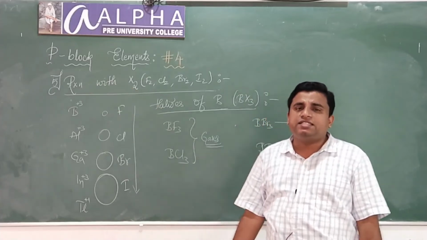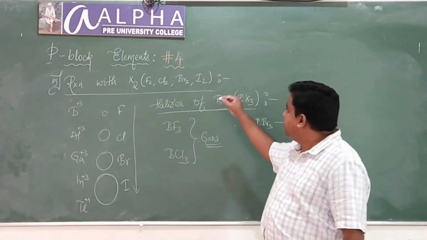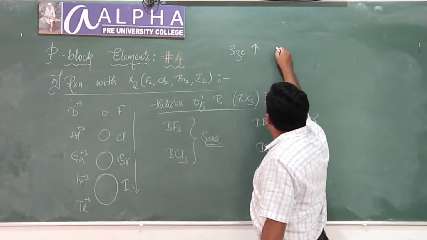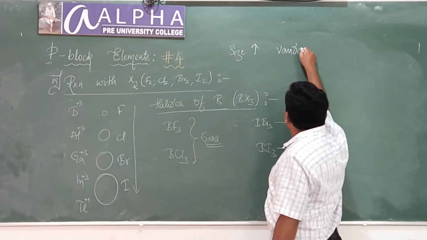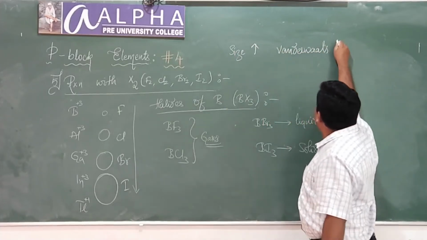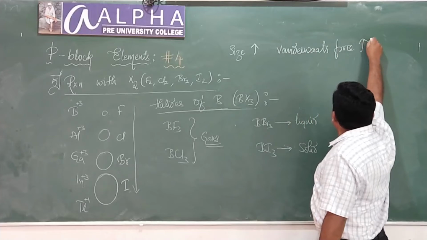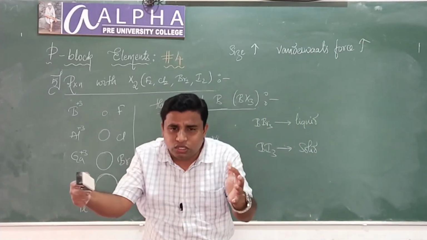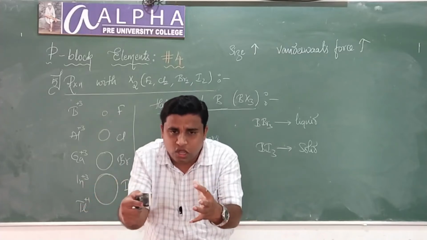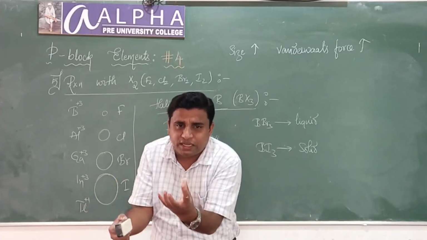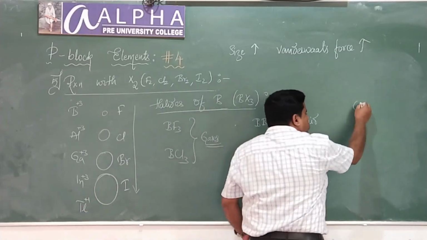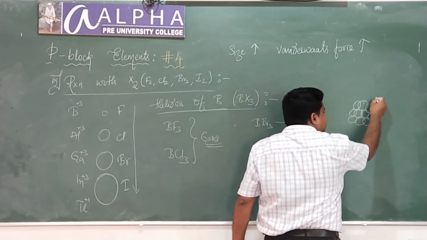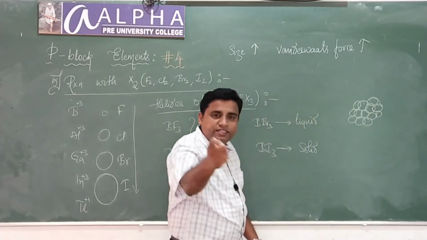This we have studied in states of matter. As the force of attraction increases, all the molecules will come closer and closer. When all the molecules are close to each other, what do you call this state of matter? This is nothing but solid state, isn't it?